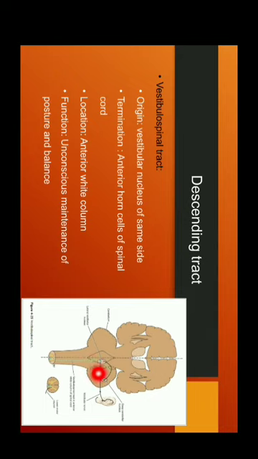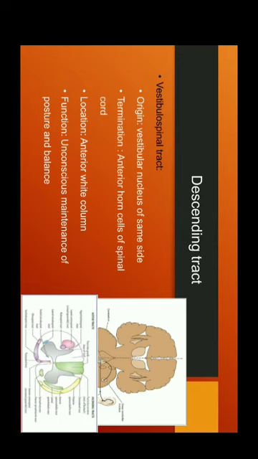This vestibular nucleus has an influence from the cerebellum and from the inner ear, hence the name vestibular. This vestibular nucleus sends the fibers, a descending tract, along the same side of the spinal cord and lies along the anterior white column. So in this picture you can see the vestibulospinal tract.